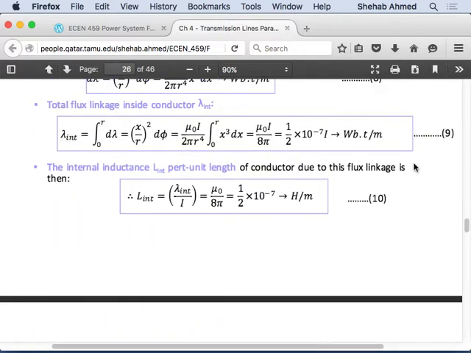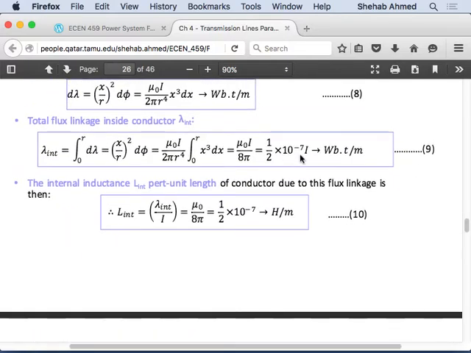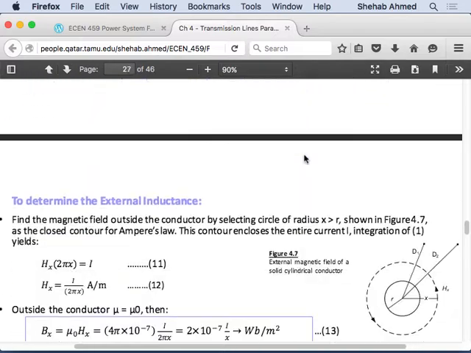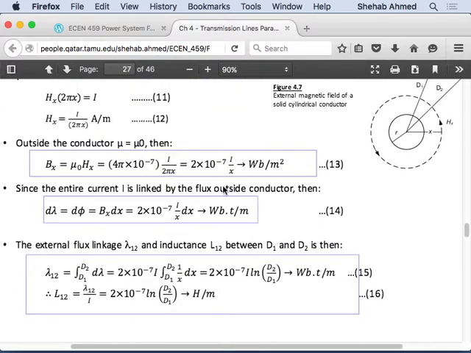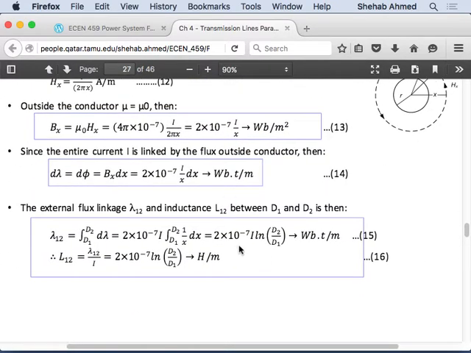Remember, the internal flux linkage was half times 10 to the minus 7 I. External was 2 times 10 to the minus 7 I natural log d2 over d1.